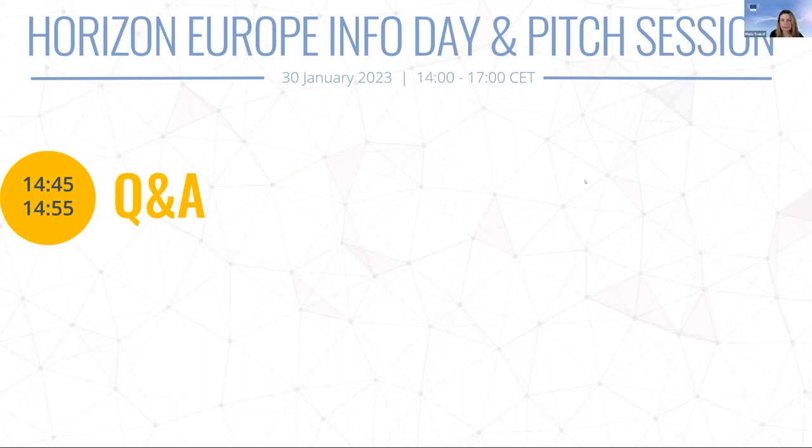Okay, as I said before, what we expect is to go beyond the state of the art in the areas of cloud, edge, and IoT technologies in the whole computing continuum. We don't expect you to go beyond the state of the art in other related technologies, for example security, identity, big data, 5G, and so on.